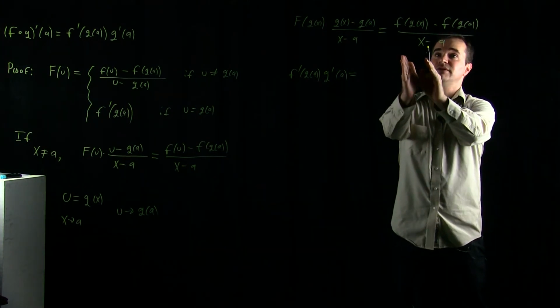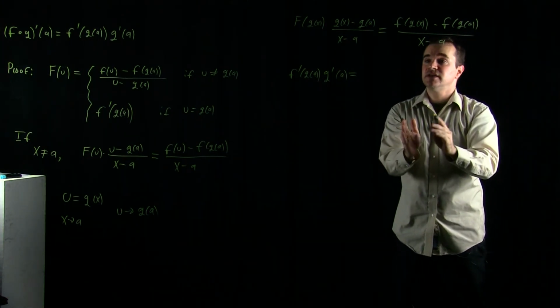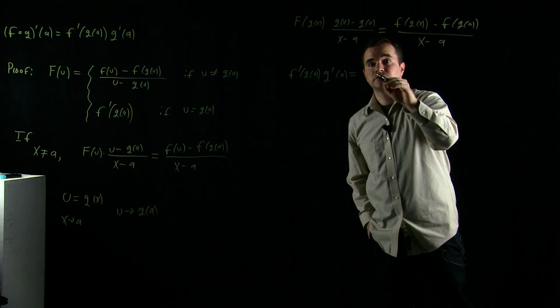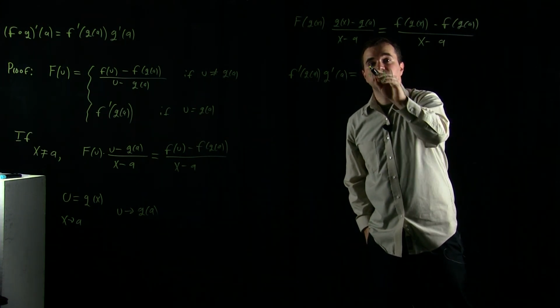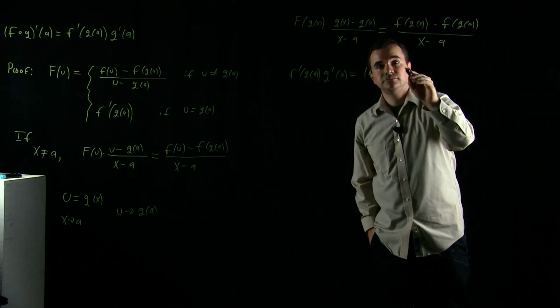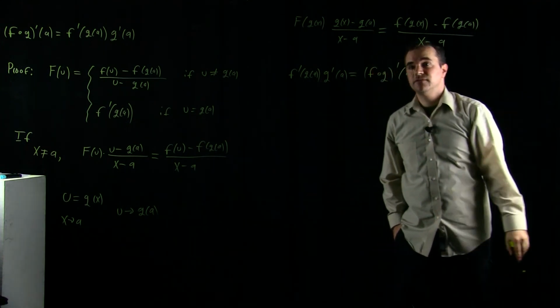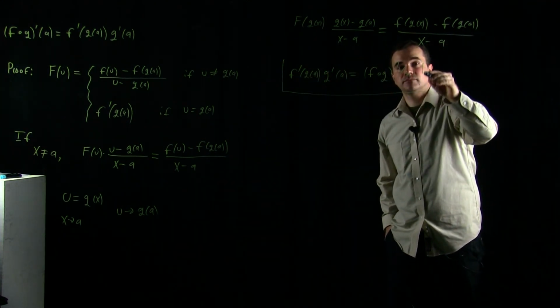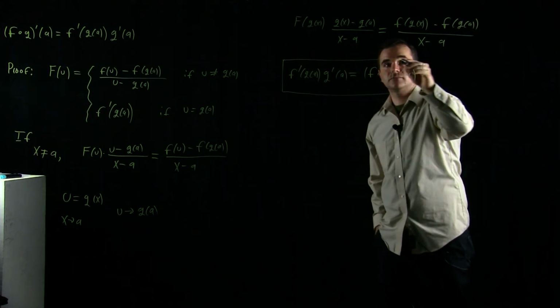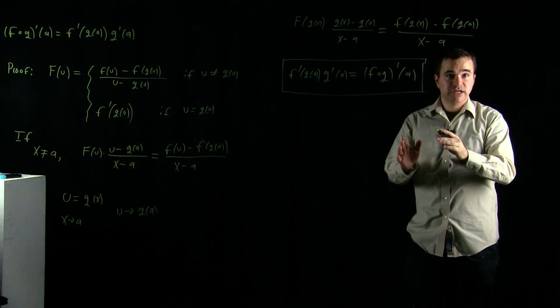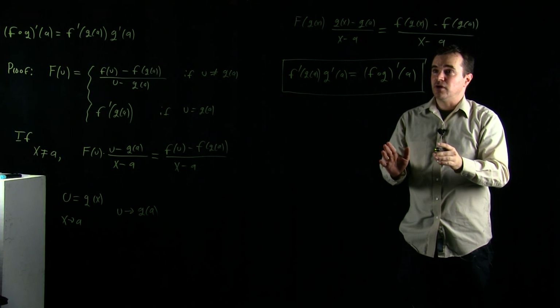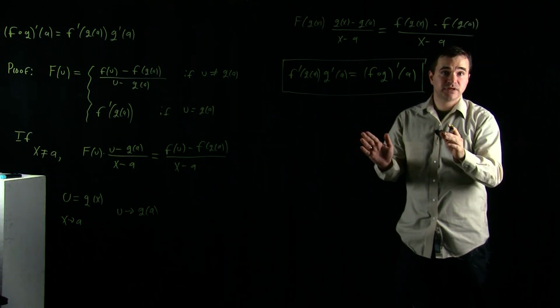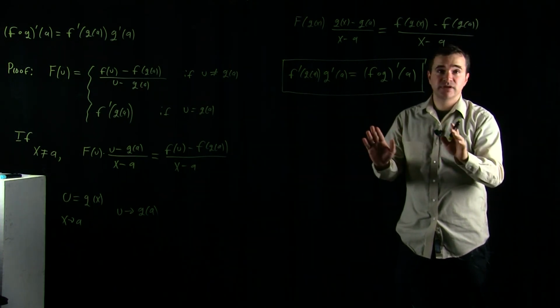So when I take the limit of this side as x goes to a, that's the very definition of the derivative of f composed with g at the point a. So that's a clean formal proof of the chain rule with nothing skipped, nothing hidden behind the curtain.